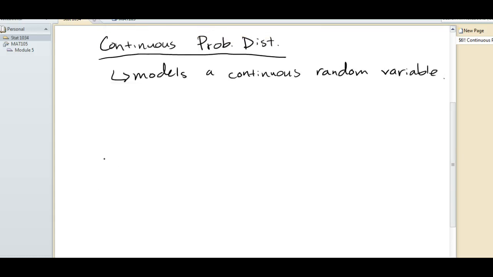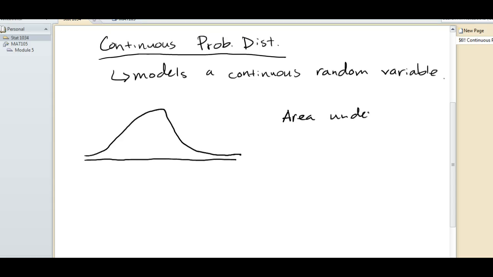And normally what's going to happen is we're going to have something like an x-axis, and then our distribution will have some shape. Maybe it's skewed one way. And the area underneath this whole curve is equal to 1. So we can think of areas between 2 points as actual probabilities that they're going to occur.